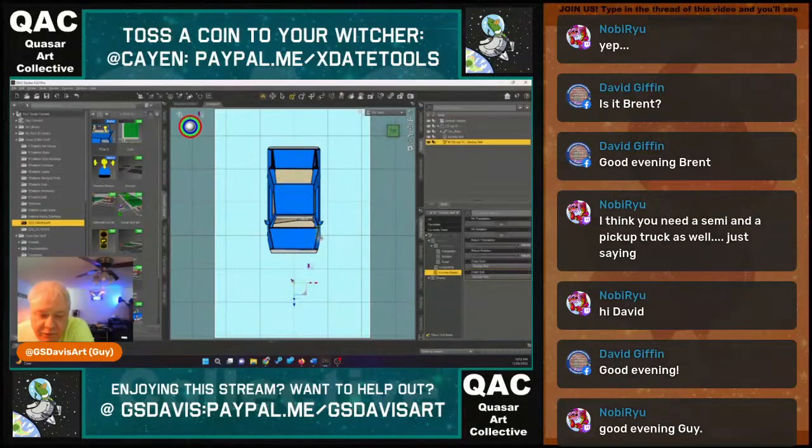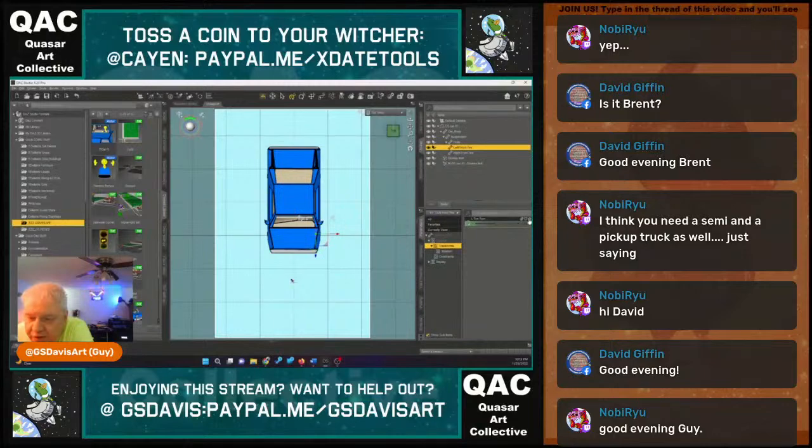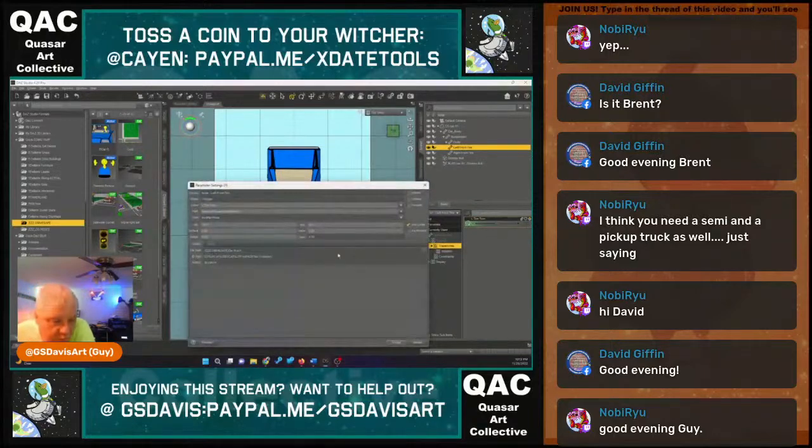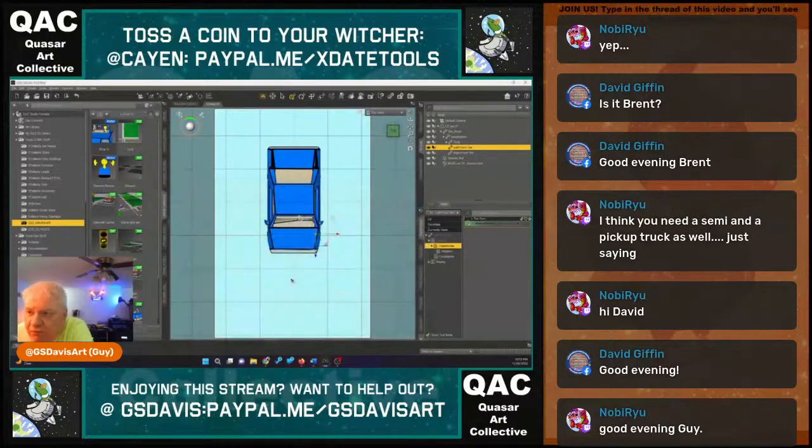Have to remove the limits. We have to define the limits for the IK solver. So we select the shin bone and lock twists.